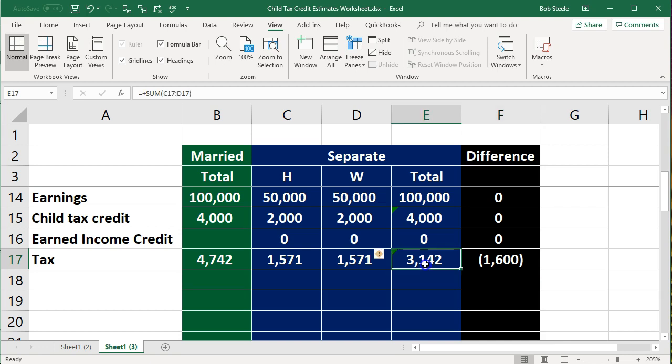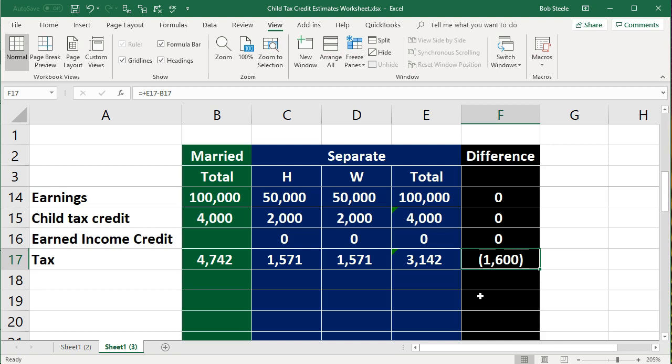And these credits and the child tax and the earned income can be kind of funny, so that when you're not married, it could actually have a tax benefit. Again, we're just putting numbers in, just a couple scenarios, just some things to think about. So you want to make sure to have your own scenario when you think about getting married or just the tax consequences.